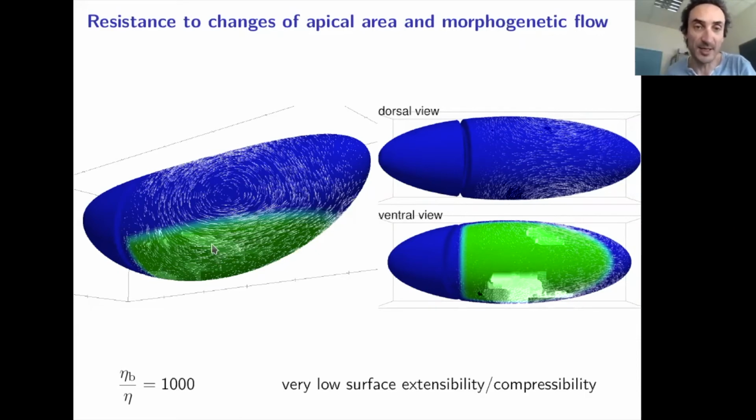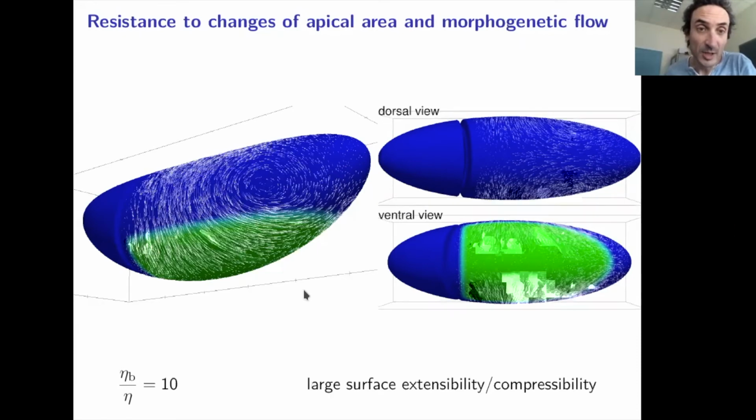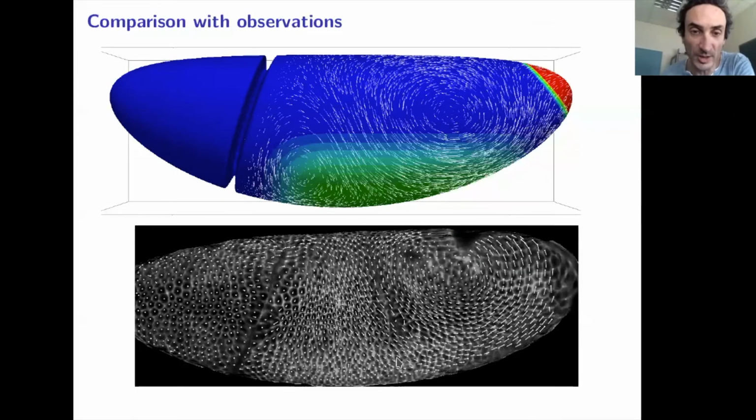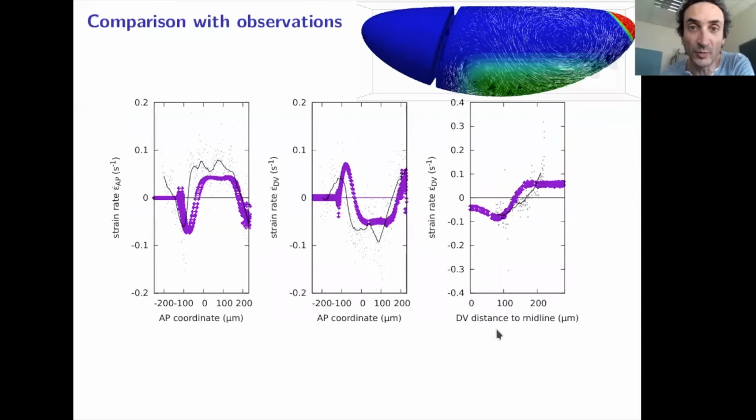of the cells here. So in the end, exploring the range of parameters, and without even doing fitting, we could find a range of parameters for which the flow is really close to what is observed in the embryo. We've had to tune a little our active stress pattern to match the features of the actual embryo, but we have a very good agreement in terms of the flow, and we can even compare the strain rate.